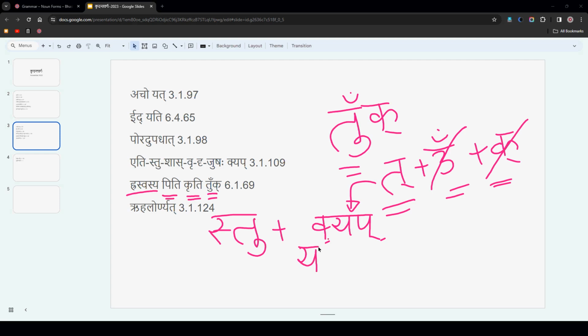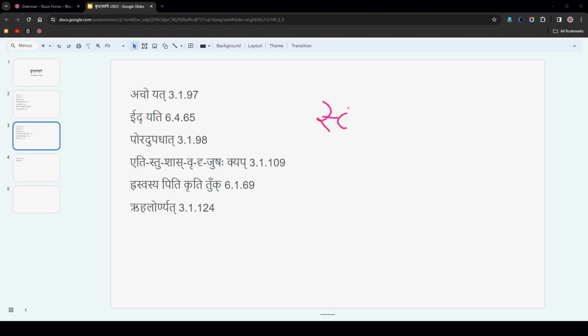Because there is a ka, we are not making the guna of u, so stu remains and ya remains. But because Kyap is a pit pratyaya, the ta has to be inserted.